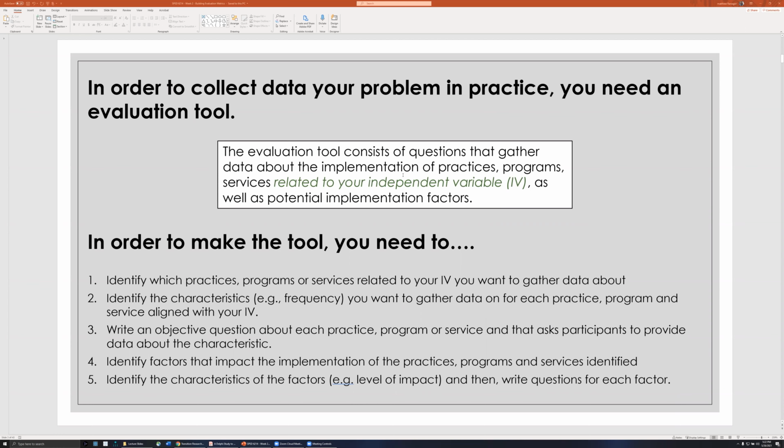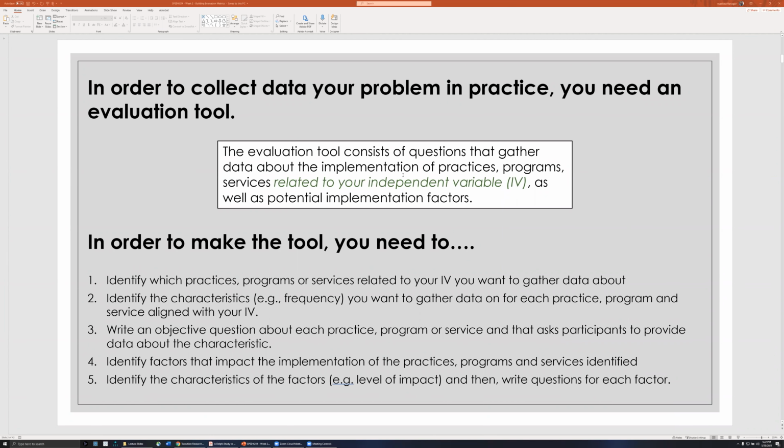You'll write objective questions about each practice to ask participants to provide data about the characteristic you're interested in. So if you're interested in frequency, you'll write a question that asks your participants to share about the frequency of a practice. You'll then identify factors that impact the implementation of the practices, programs, and services that you've identified.